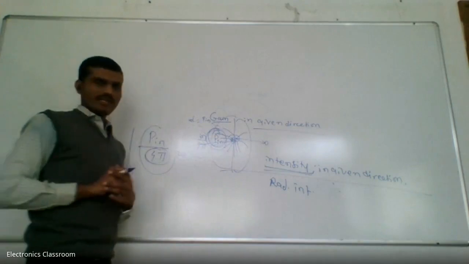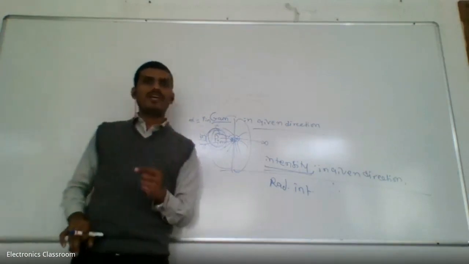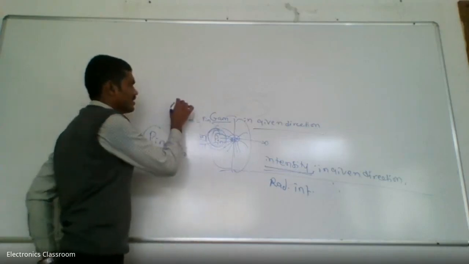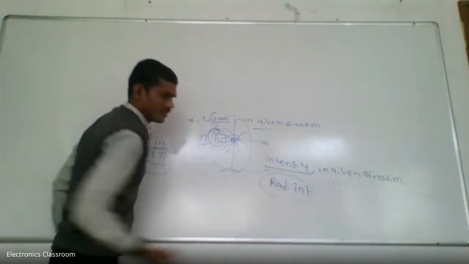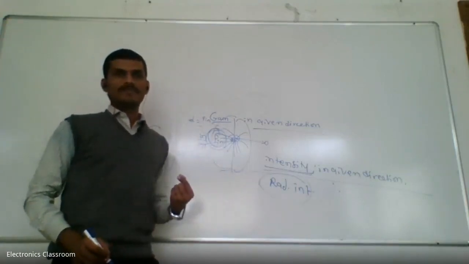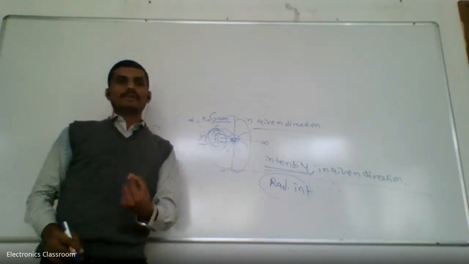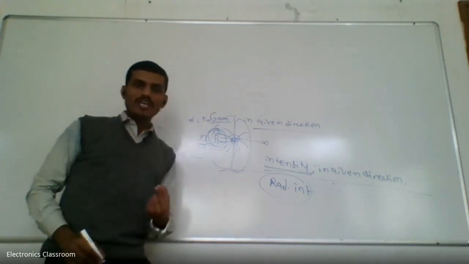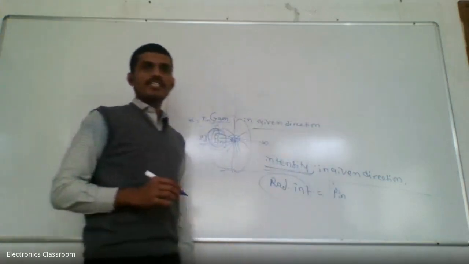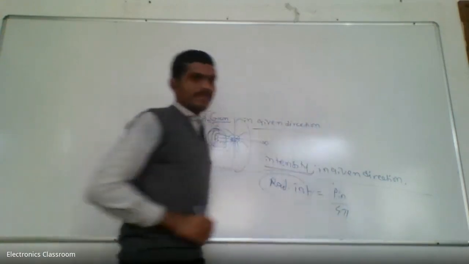Now, listen carefully. The radiation intensity corresponding to isotropic radiated power is equal to the power accepted by the antenna divided by 4 pi.